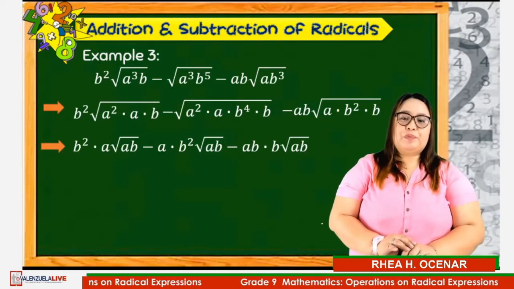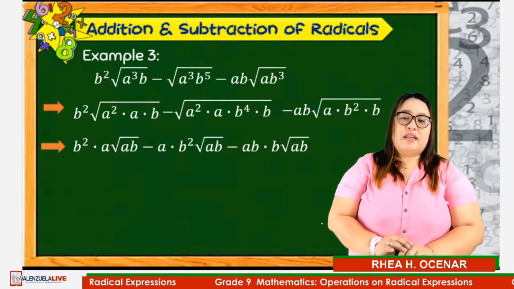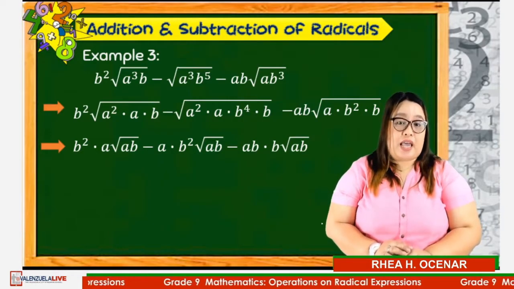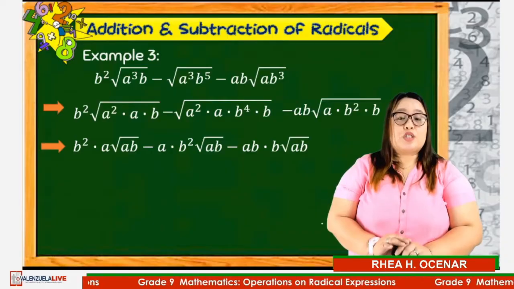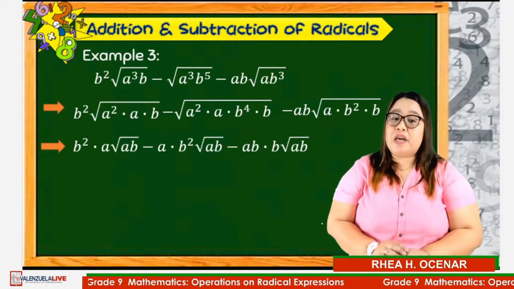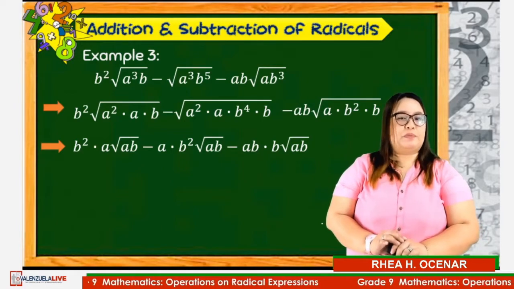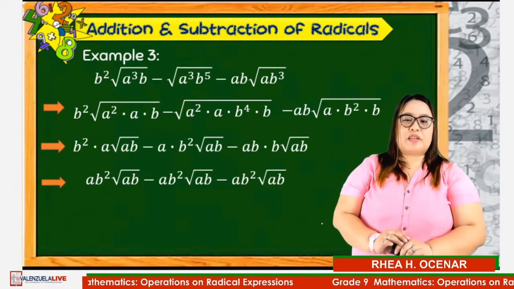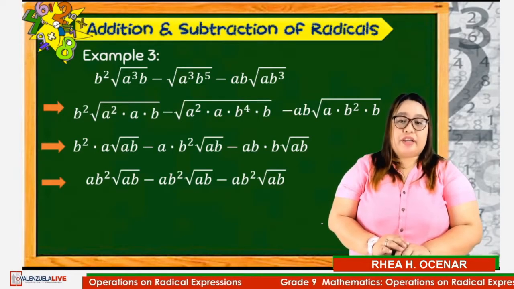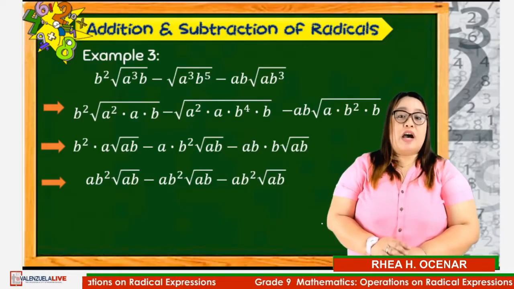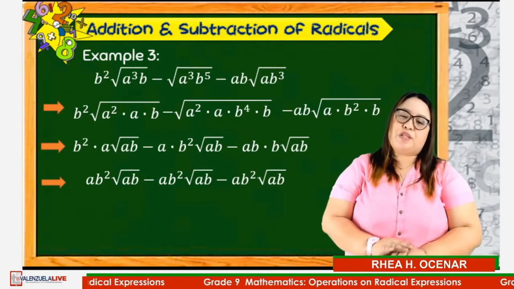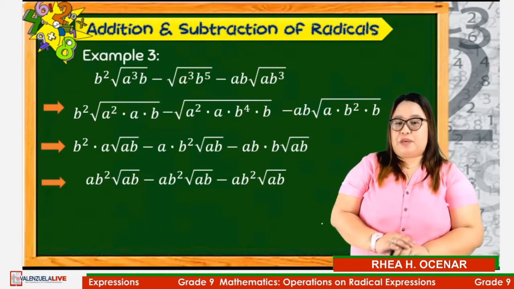We have now b squared times a square root of ab minus a times b squared square root of ab minus ab times b square root of ab. By simplifying, we have ab squared square root of ab minus ab squared square root of ab minus ab squared square root of ab.